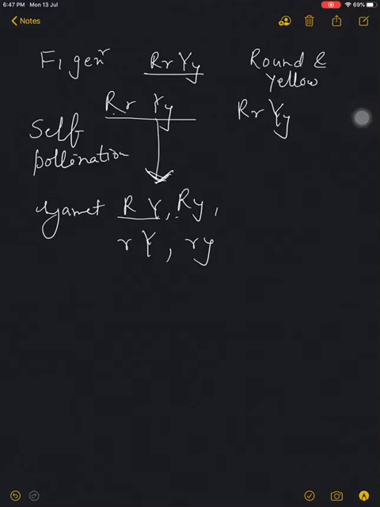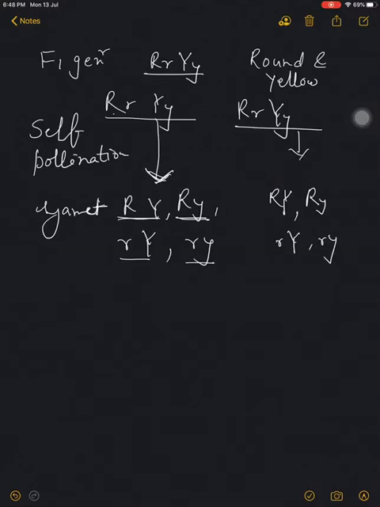These would be round yellow, round green, wrinkled yellow, wrinkled green. But here the color is not visible; we only have to see the nature of the gamete, meaning what type of genes are transferred to the gamete. The same condition holds for the other parent also.